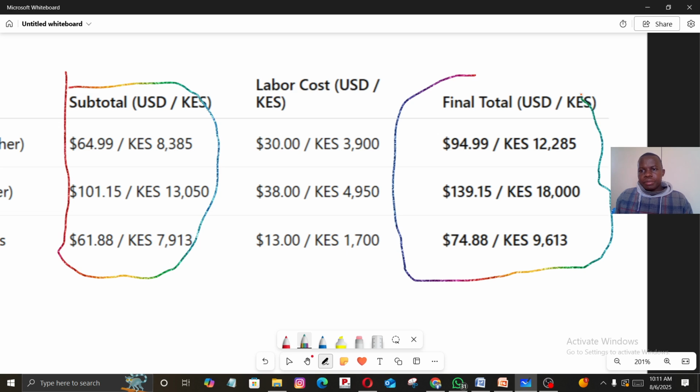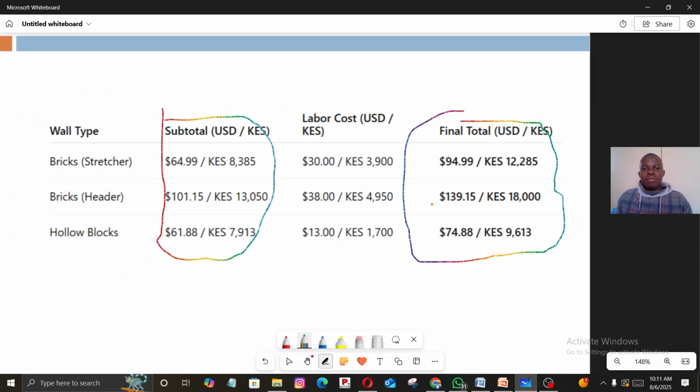From here, we can see that the clay bricks in header bond will be the most expensive, followed by stretcher bond, and then hollow concrete blocks will be the least expensive.